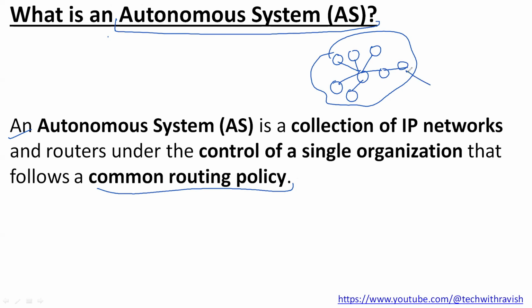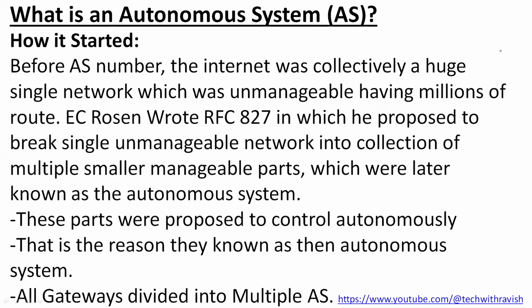It can be an ISP like Airtel. So, a group of routers or IPs under a cluster, or a collection of IP networks, is known as an autonomous system number.